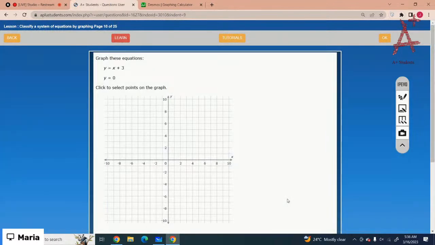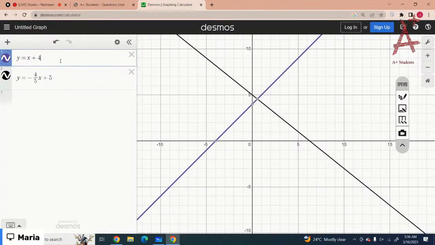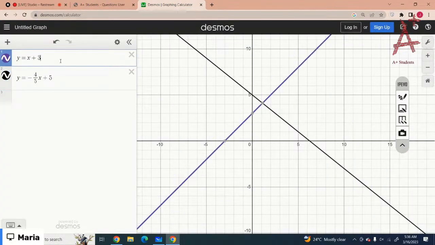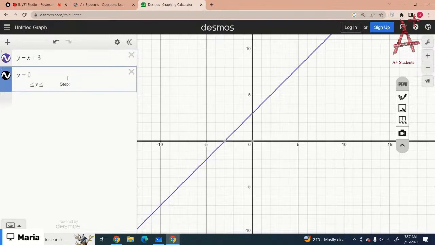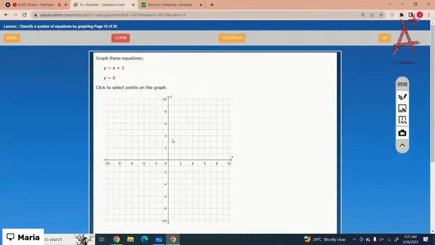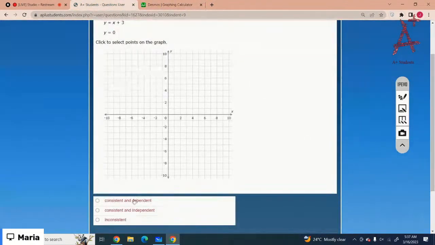Okay, y equals x plus 3 and y equals 0. Let's just see. That means the system is inconsistent, no solution.